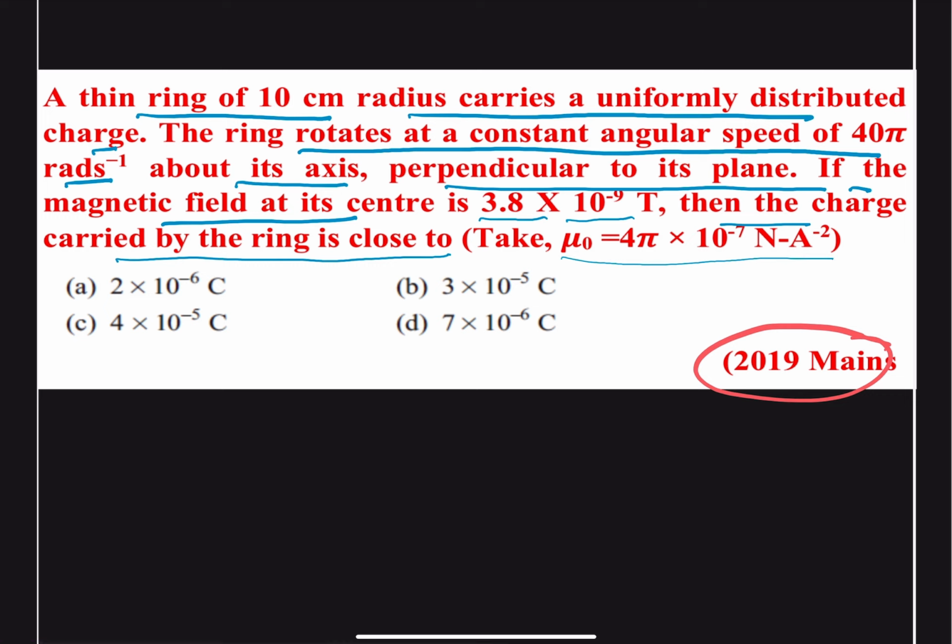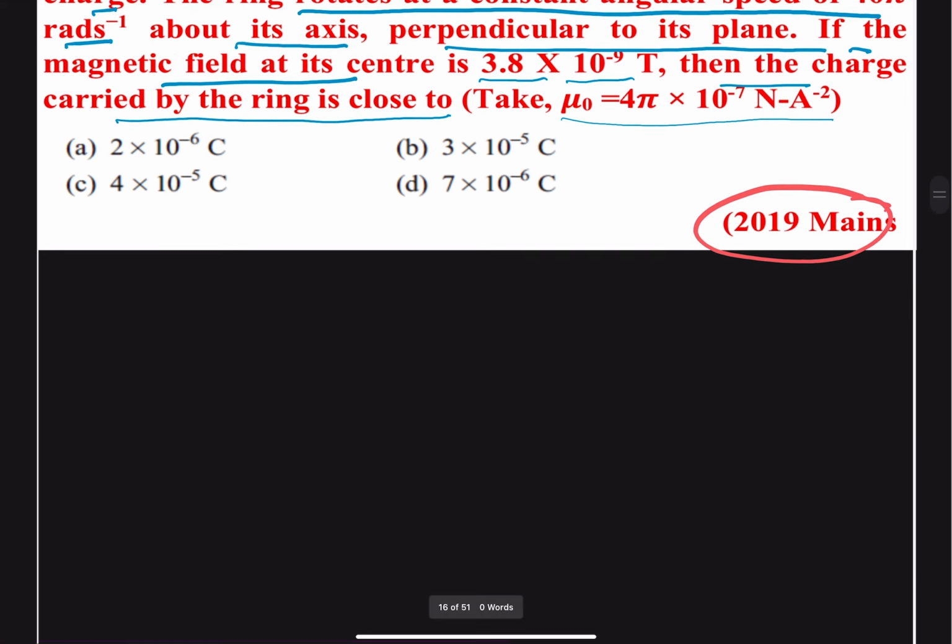So in this case, we are given that we have a ring of radius R. So let us draw a ring. This is the center O, and let us suppose R is the radius.